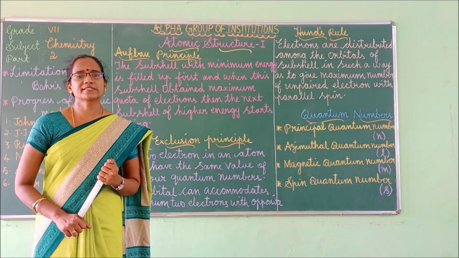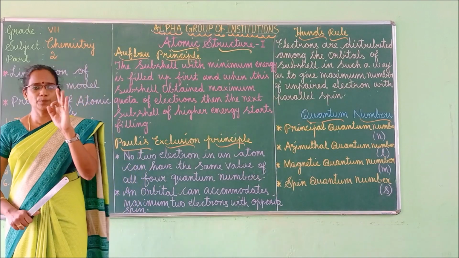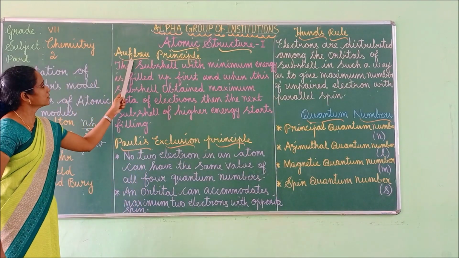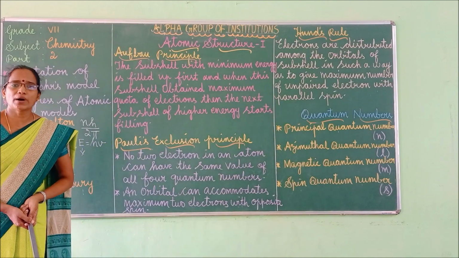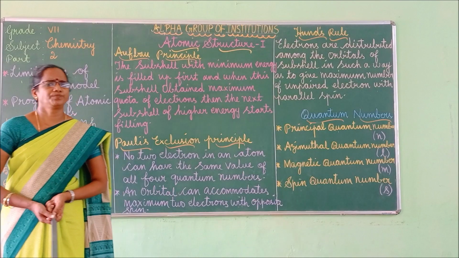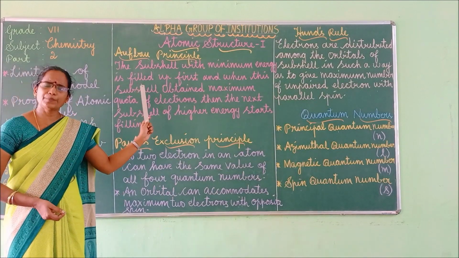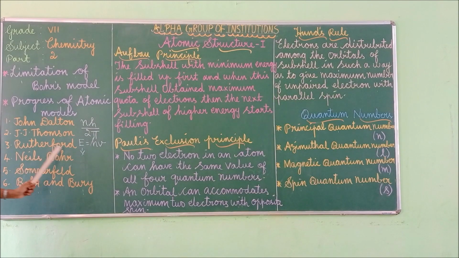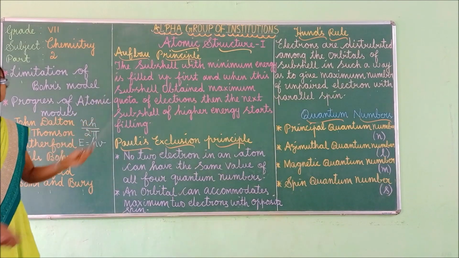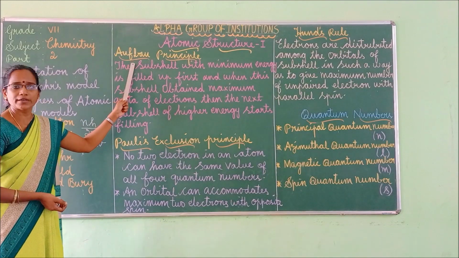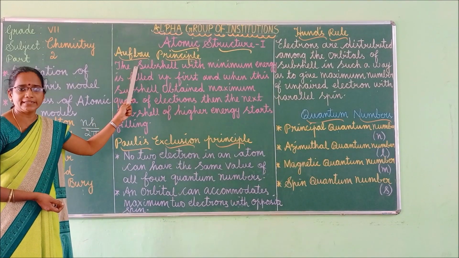Now we will discuss the three important rules. First one is the Aufbau principle. This Aufbau principle was formulated by Niels Bohr. This Aufbau is not the name of a scientist.